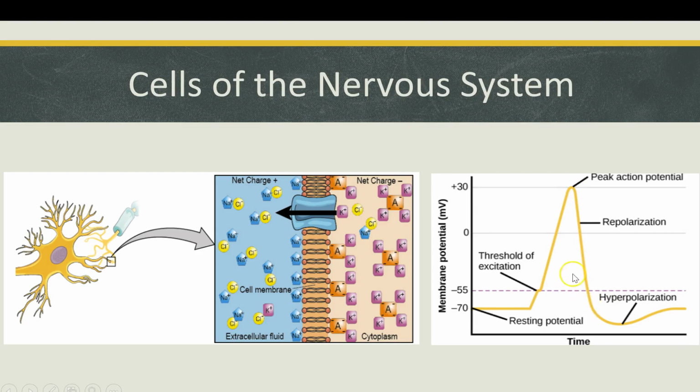It's going to go back to the regular state in order to do this whole cycle again. And the repolarization occurs because all the sodium ions in the neuron that were used to send that message are now depleted. So it has to gain new sodium ions to return to the threshold of excitation to send a new message to the next neuron.